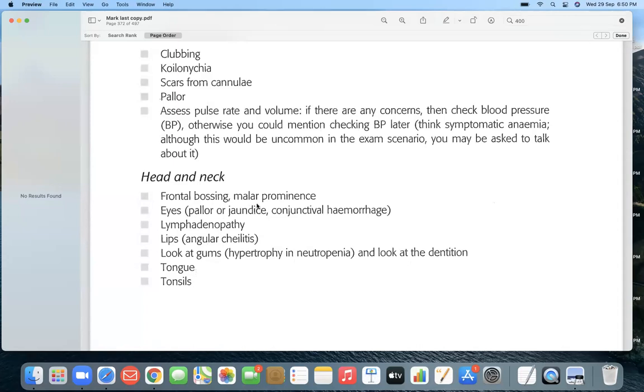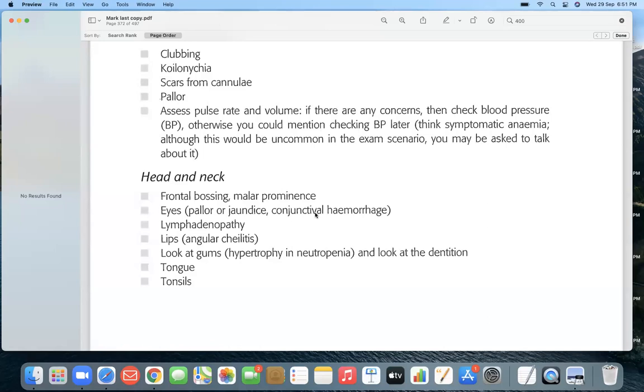So again, frontal bossing and malar prominence, in eyes, pallor, and jaundice. I did not understand conjunctival hemorrhage for thrombocytopenia again, or even in leukemias or something. Yeah, this is the same as I mentioned in the morning.